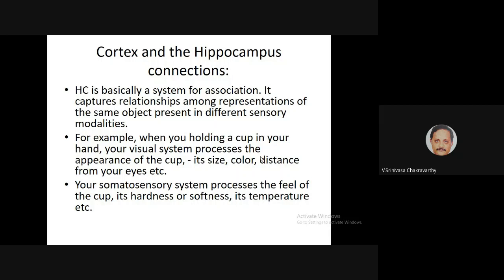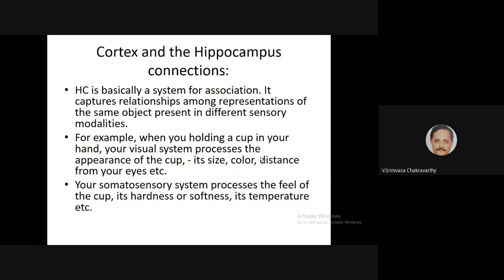It has some visual appearance, let's say it's a yellow cup. It has a certain size, it is at a certain distance from my eyes, a certain shape, and it has a certain feel when I hold it, or when I tap on it, it makes a certain sound. All these different features are combined to create this kind of concept called cup.